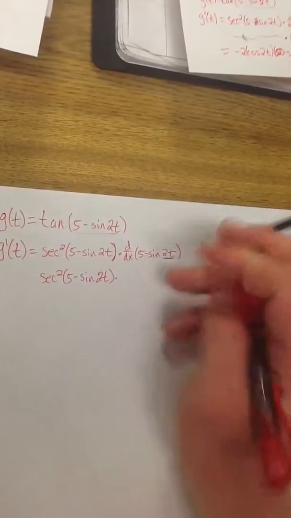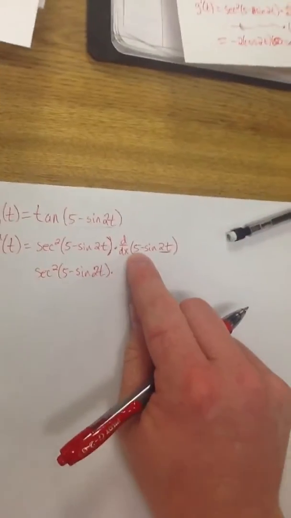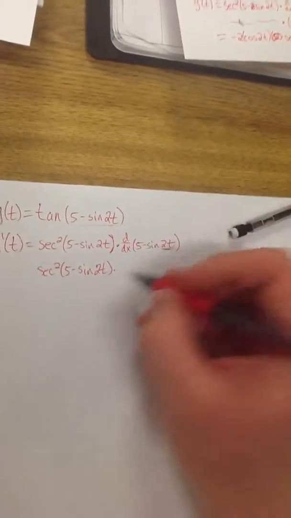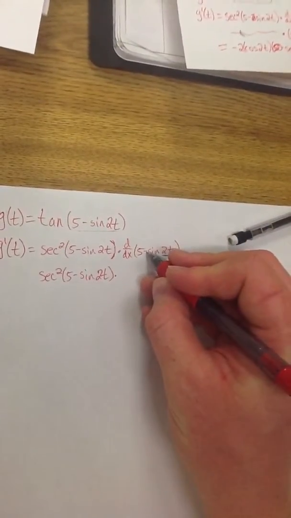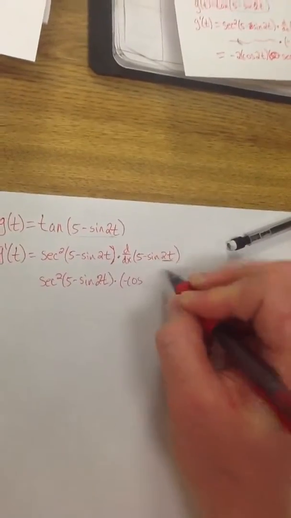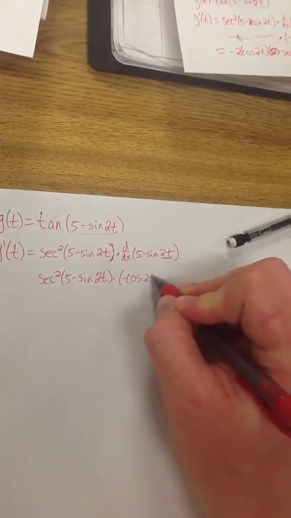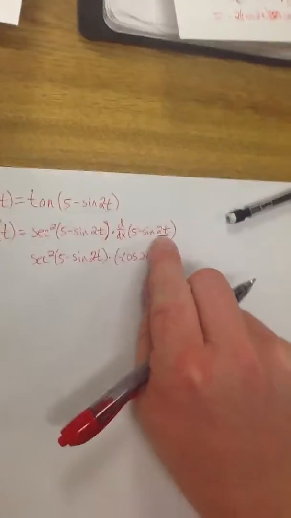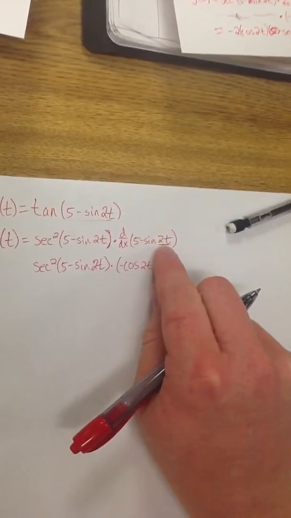So the derivative of the outside piece, 5 minus sine of x: the derivative of 5 just goes away. So basically the derivative of the negative sine would be negative cosine, and I leave the 2t there. Now the derivative of the inside, so I have to take the derivative of the 2t.